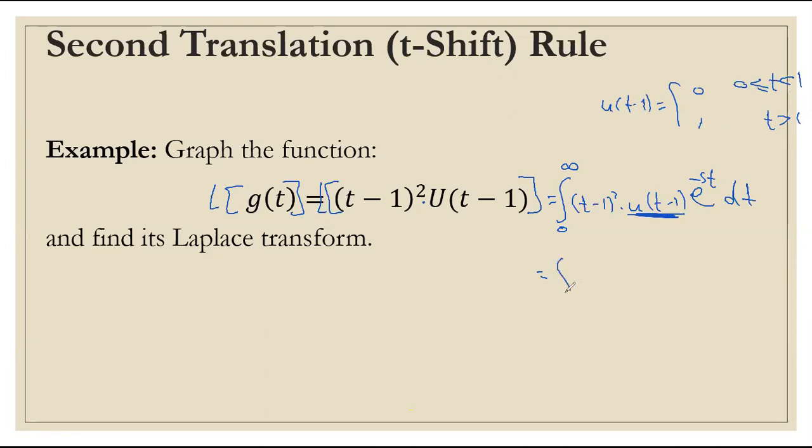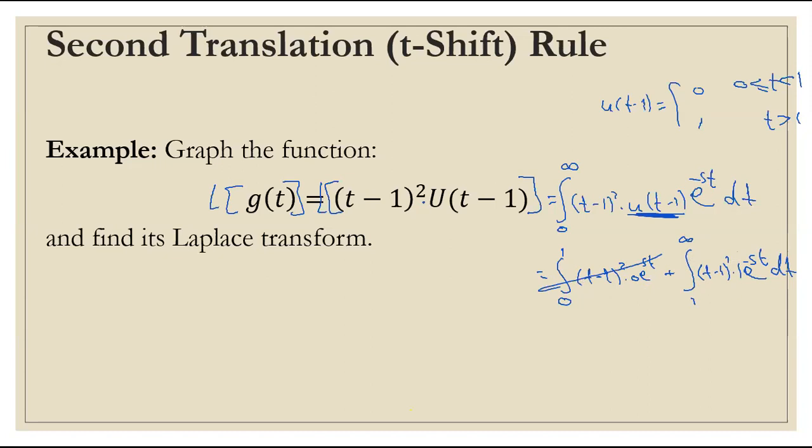Separate the integral into two. From 0 to 1, yes, of my function (t minus 1) squared times 0 times exponential, plus integral from 1 to infinity of (t minus 1) squared times 1 times exponential negative st dt.